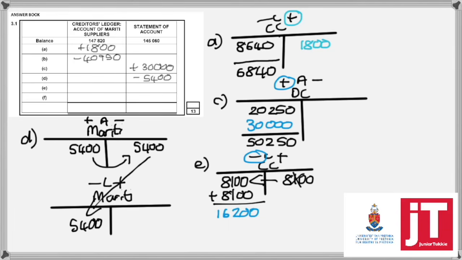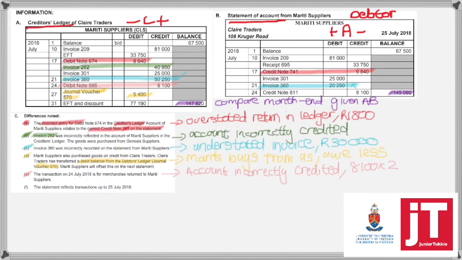And by adding 16,200 to the debit side, it will have a negative effect on the balance. So on our answer booklet, creditors ledger number E, we're going to say minus 16,200.